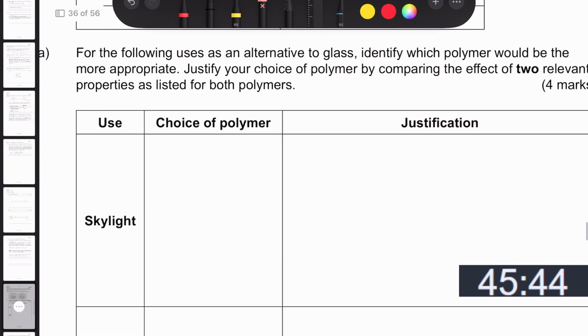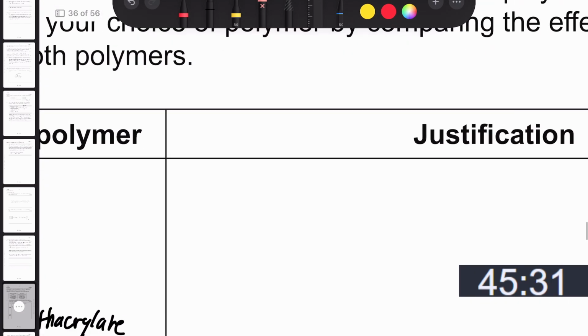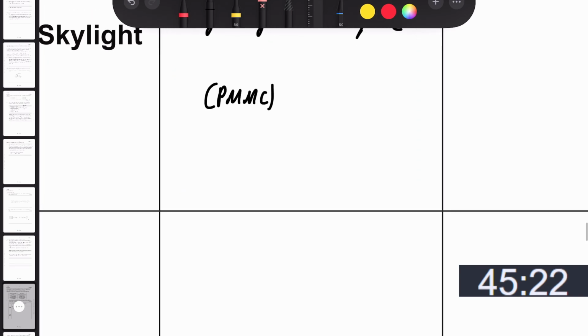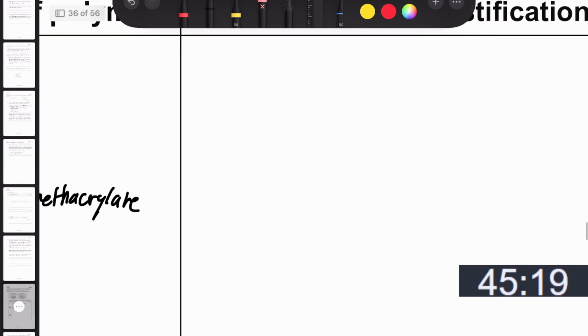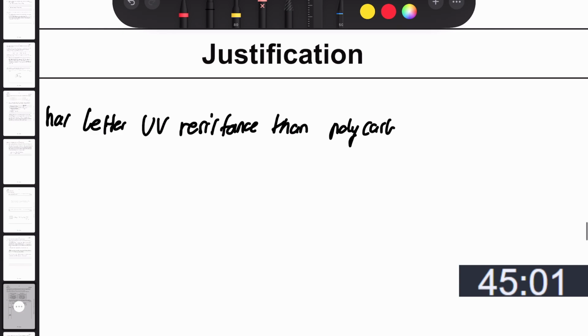So I say polymethyl methacrylate. What if I just say that this is PMMA? So PMMA has better UV resistance than polycarbonate.